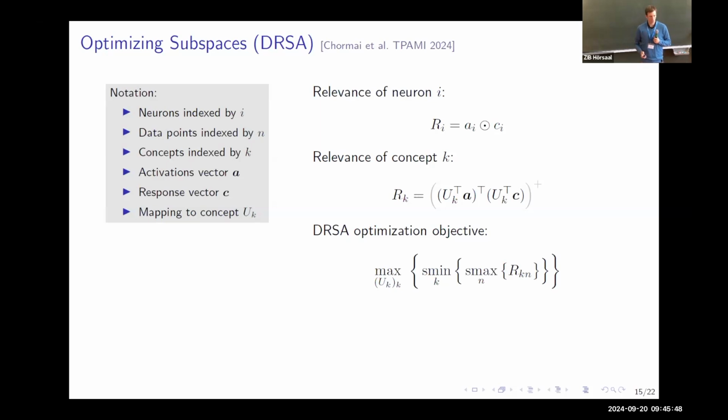So we'll apply basically some kind of max pooling to capture the tail of the distribution of relevances for concept K. This is the purpose of the S-max. Very similar idea as, for example, kurtosis-based independent component analysis. We are trying to learn the tail, not of the distribution in that case, but of the distribution of relevances.